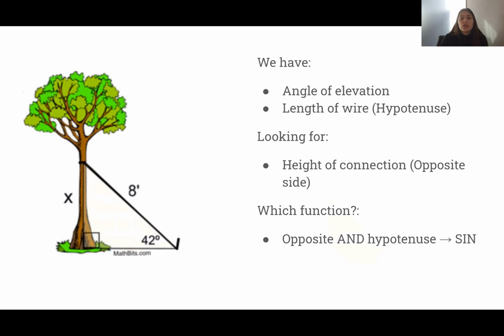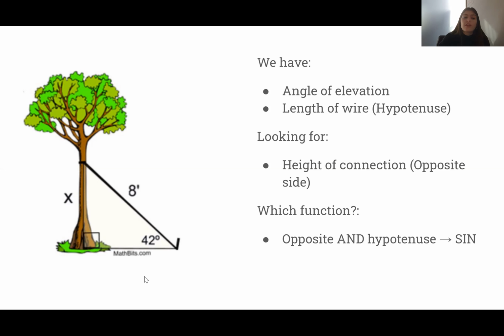All right? So ask ourselves, what do we have now? Well, they gave us the angle of elevation down here, which is 42 degrees between the floor and the connection to the tree, right? And then they gave us the length of the wire. They told us that's 8 feet. And as you can see, in our little right triangle, this 8 feet right here is our hypotenuse, okay?